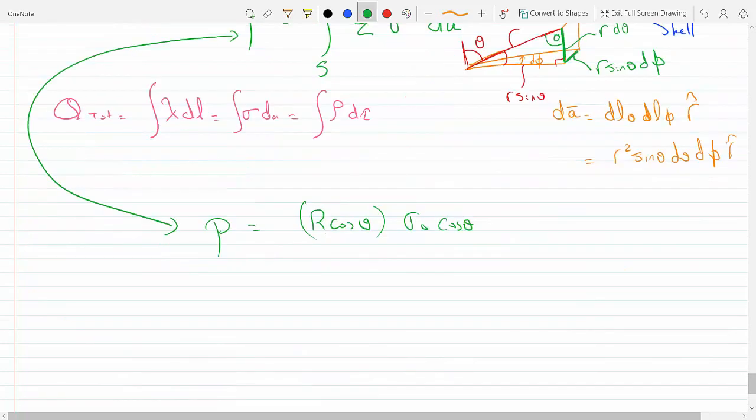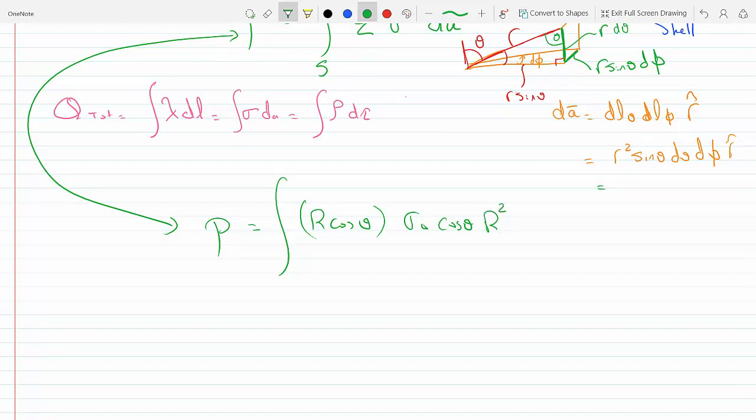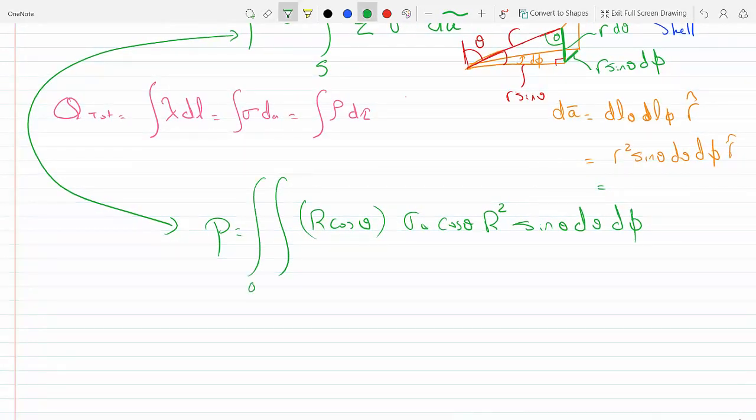Okay, plugging this in, since we're on the surface of the sphere, we can just plug in r squared sine theta d theta d phi. Phi is running from 0 to 2 pi. Theta is running from 0 to pi.